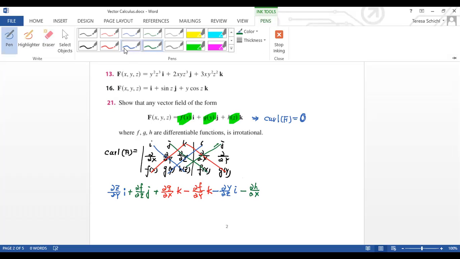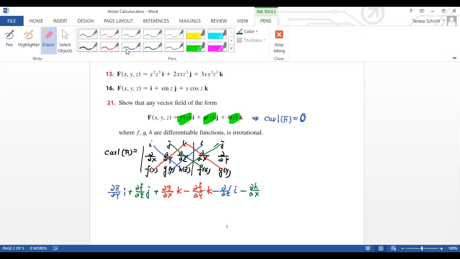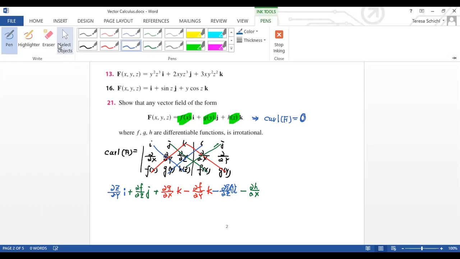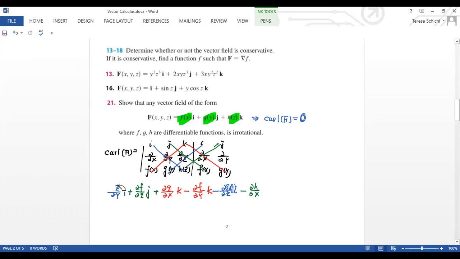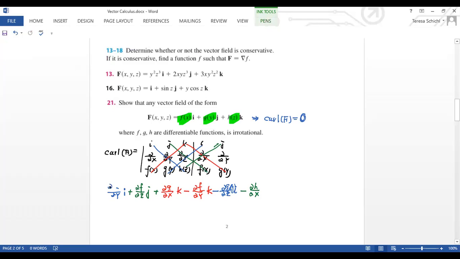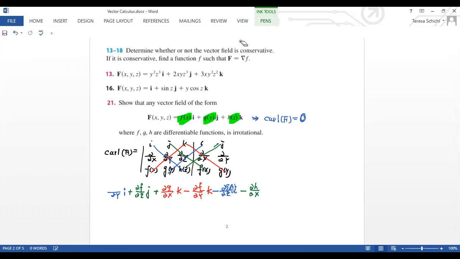Here I need to be careful. Here's another ∂/∂y, ∂/∂z. I need to put the functions there, so this is ∂g/∂y. Now here, the same way, I made a mistake. I cannot say ∂/∂z here. So what is here is h(z), right? It's the h function here. That's why it should be ∂h.